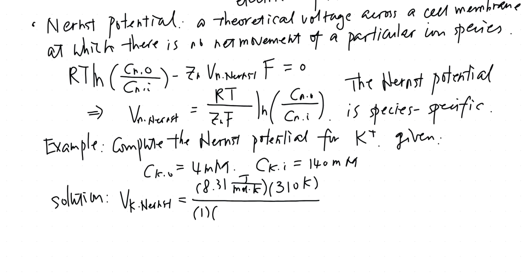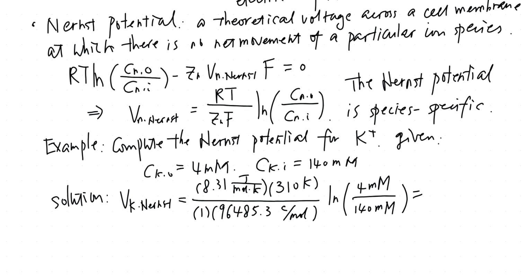The Faraday's constant is 96,485 coulomb per mole. And then you have a log of 4 millimolar divided by 140 millimolar. And if you put in these numbers, you will find that it gives you minus 94.9 millivolts.